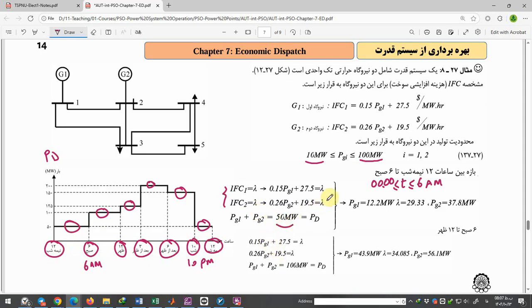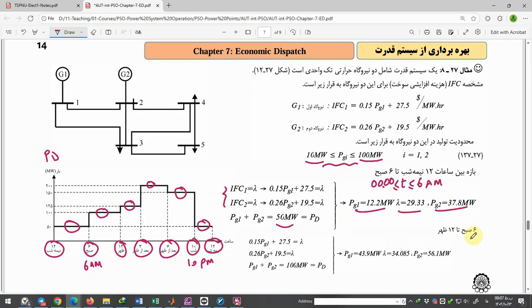And after solving this problem, PG1, PG2 and lambda are determined, and all calculated values are within the limitations.